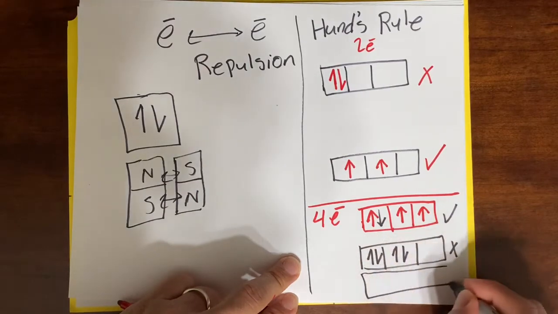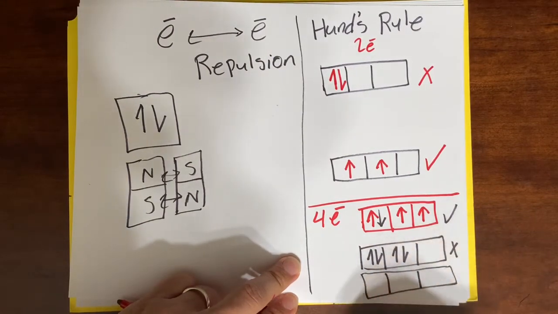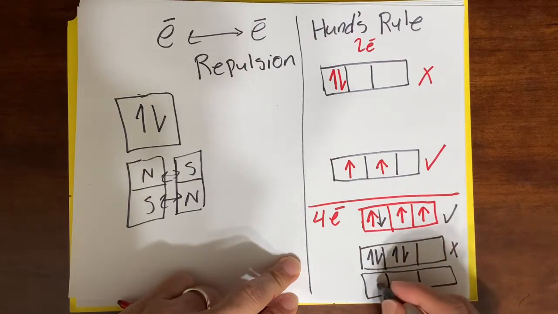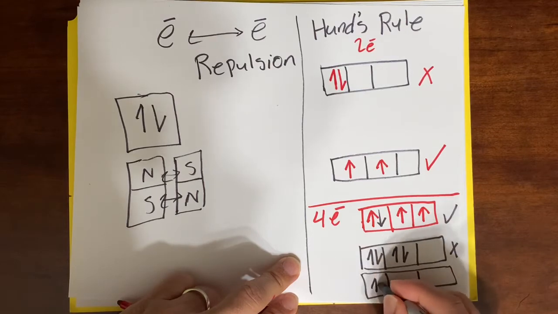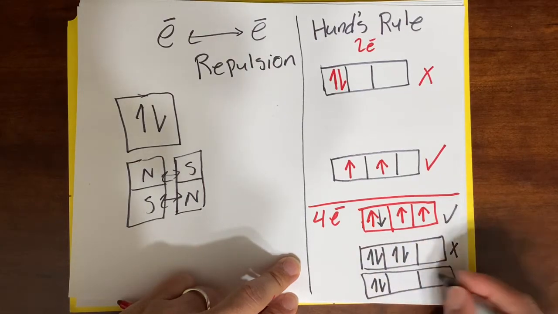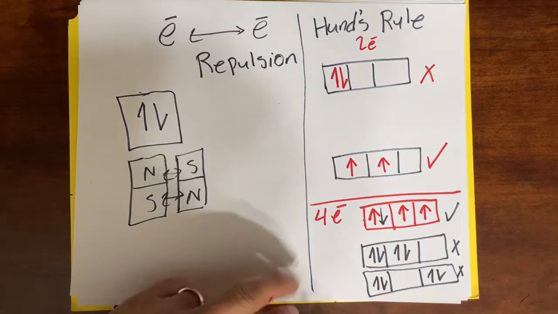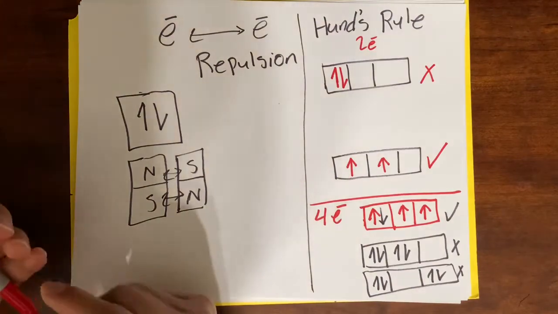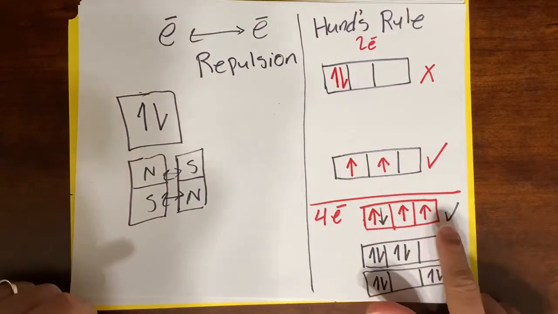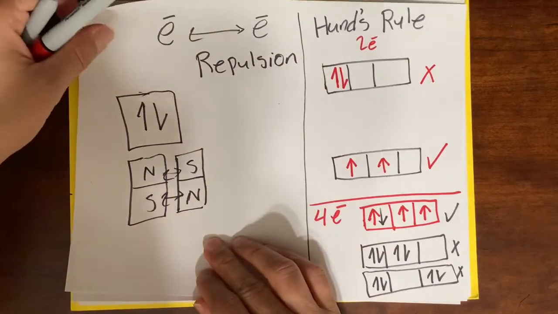Or let's say like that one. That one also is going to be wrong. So distribute them in a way that each orbital has at least 1 electron.